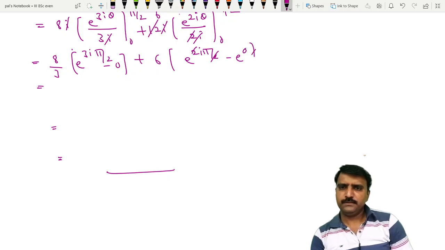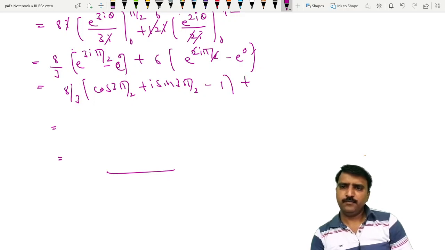Okay, so now simplifying this, this is 8 by 3 into cos 3 pi by 2 plus i sin 3 pi by 2 minus e power 0, e power 0 is 1, plus 6 into, here also, cos pi plus i sin pi minus e power 0, it is 1.